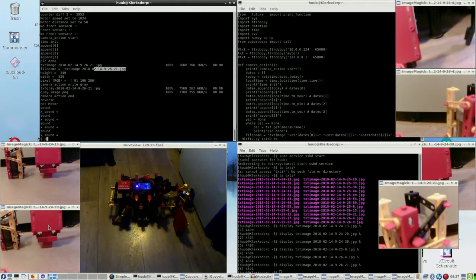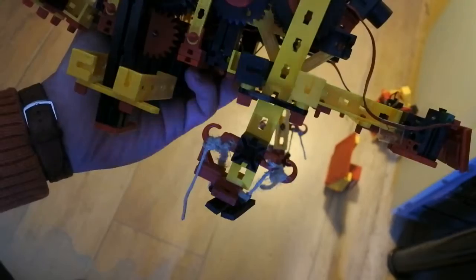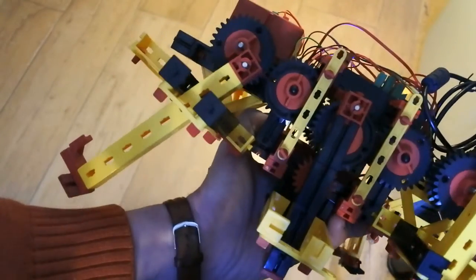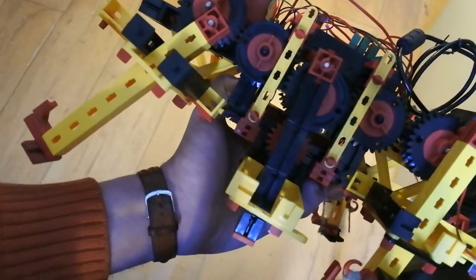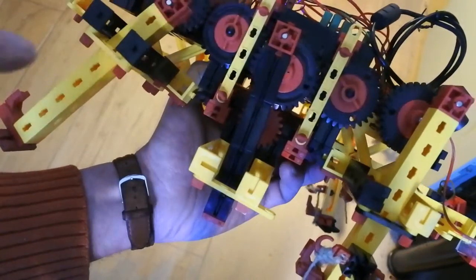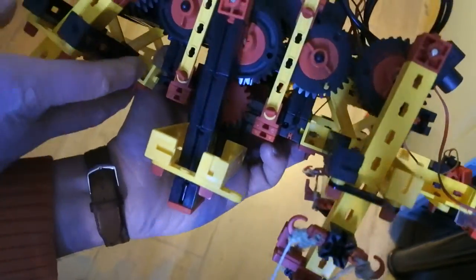Let's see. Okay, I put the feet back on it in a new way. I don't expect it to last long, but I can only know when I do it, and then I find this and look at the hind leg. This is no good, of course.